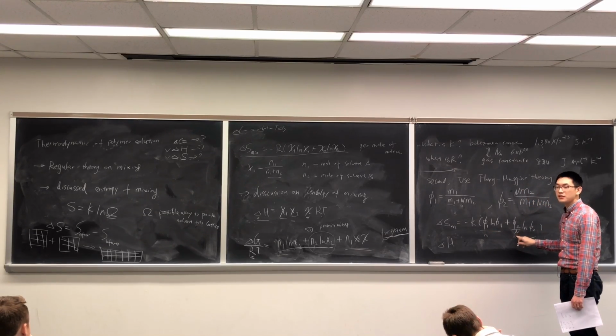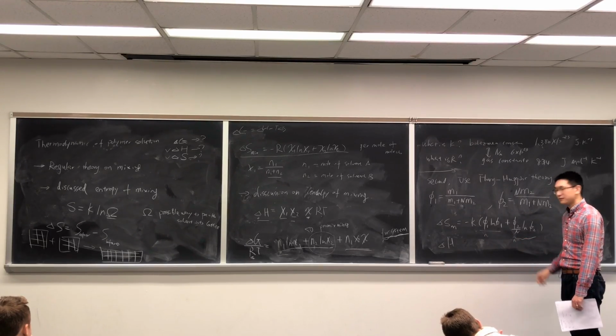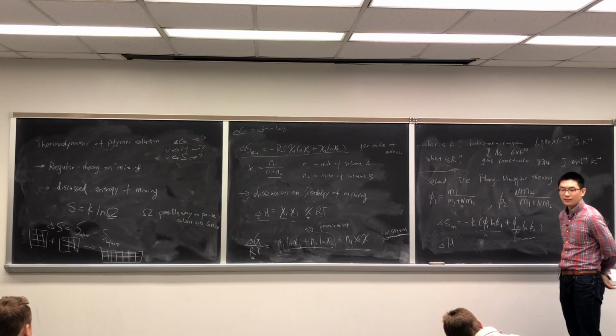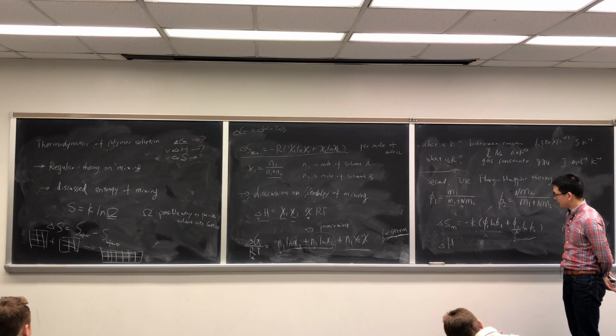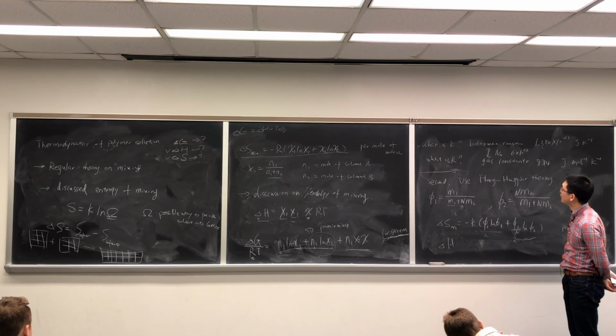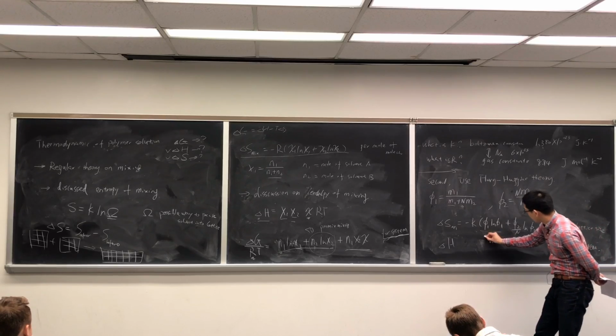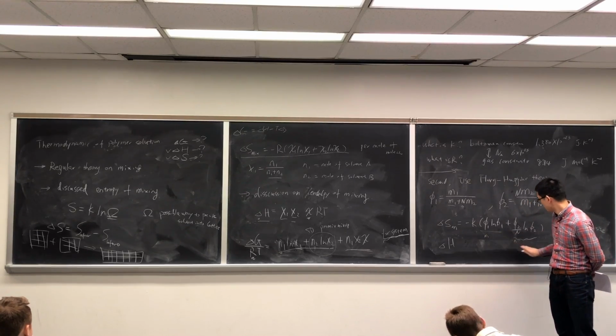Would the N be the number of moles? Yes, N1 is the same as M1, since M1 is the number of moles as well. Actually, this should be M1, and this is M2.